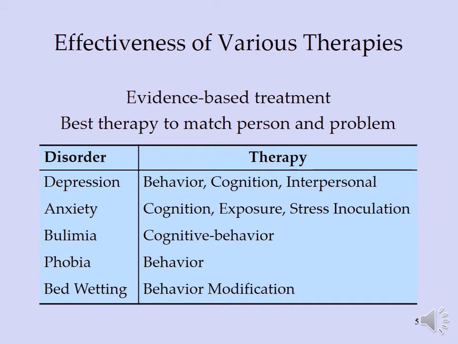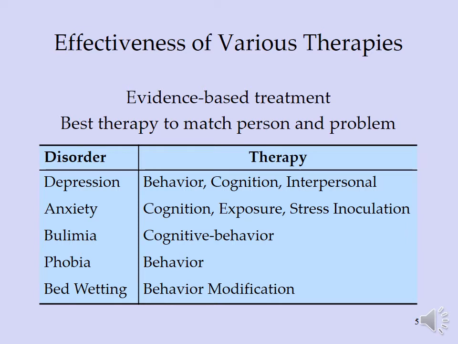In addition, research has indicated that certain types of therapy are effective for certain types of problems, and in some cases, not for others. As an example, as you see on the chart here, if a person is depressed, they have found that in general, behavior therapy or cognitive therapy or interpersonal therapy is most likely to be effective.